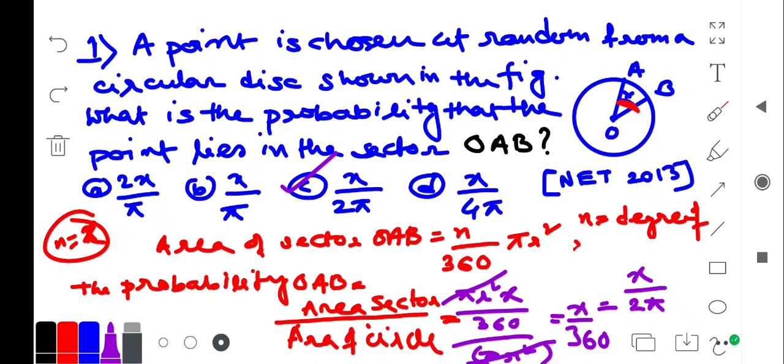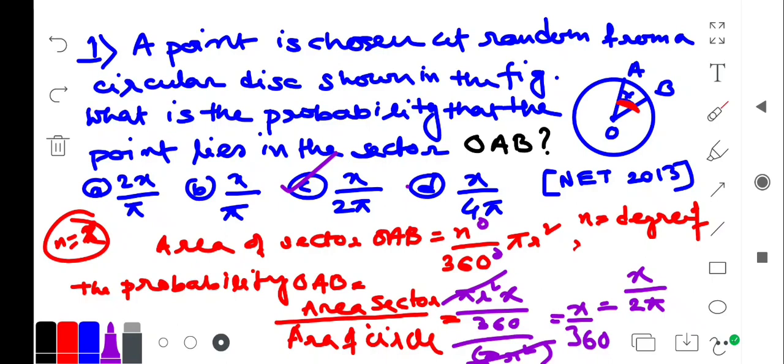A point is chosen at random from a circular disc shown in the figure. What is the probability that the point lies in the sector OAB? First we have to know that the area of the sector is n by 360 degrees into pi r square, where n is the degree of the angle at the center, which is given in the figure as x. So n equals x. The degrees cancel in the ratio.